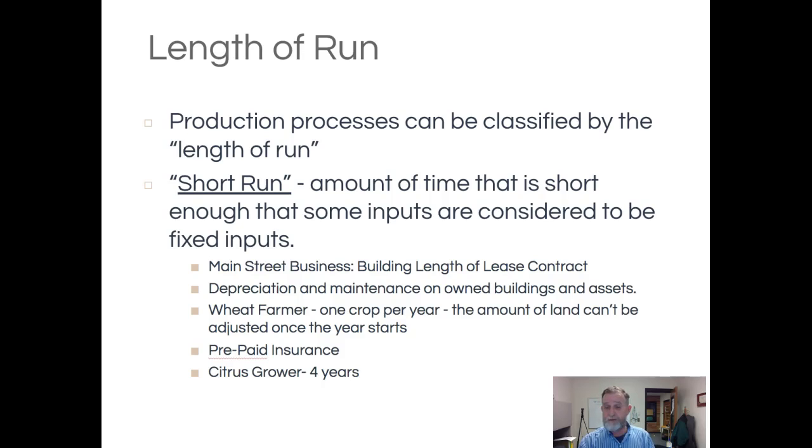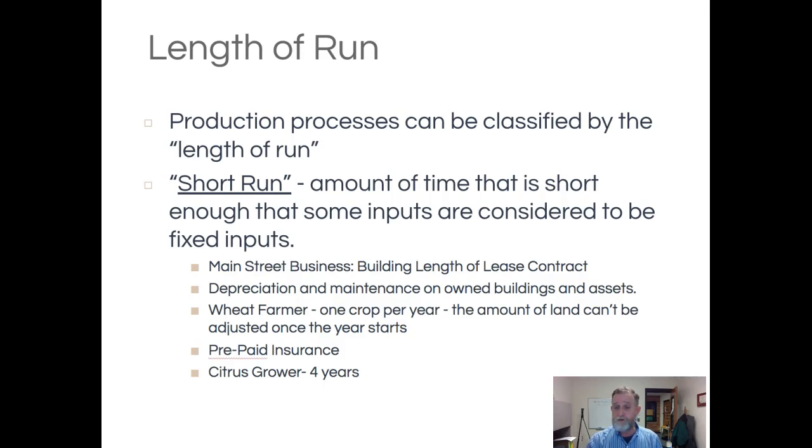When that contract can be changed is when it becomes variable, if that makes sense. Depreciation and maintenance on owned buildings and assets can be a fixed input when we're talking about a variable input to the production process.